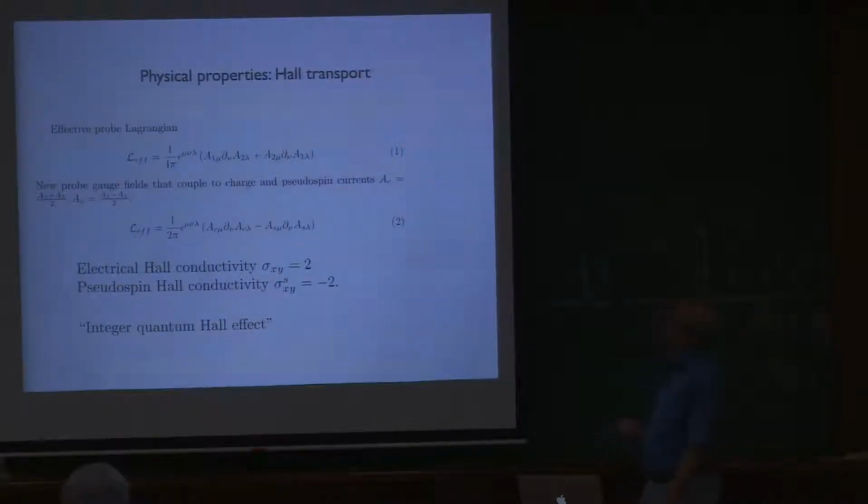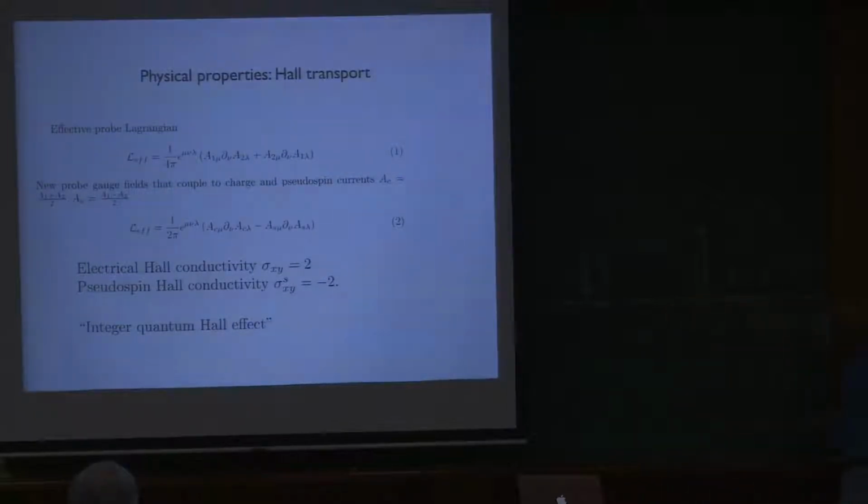But in that mean field state, we can ask about the physical properties, and we can ask about the Lagrangian for a probe U(1) gauge field. Now, there's an A1 and an A2 that couple separately to the two conserved currents. So I'm not going to do the algebra, but the answer is that there's again a mutual Chern-Simons term for the background probe gauge fields.